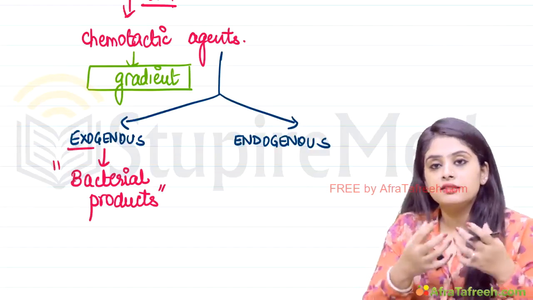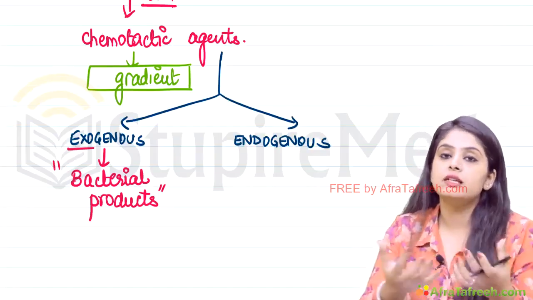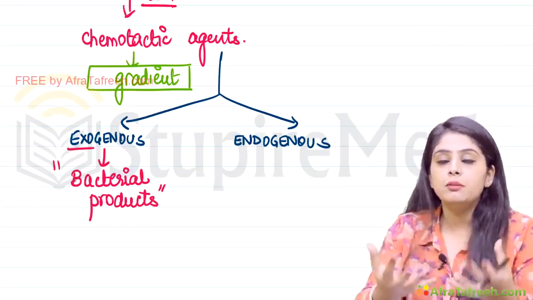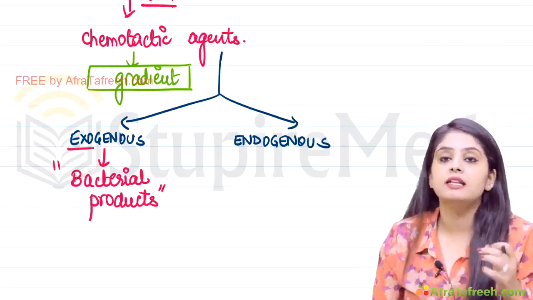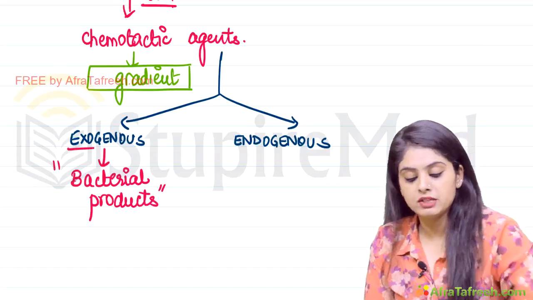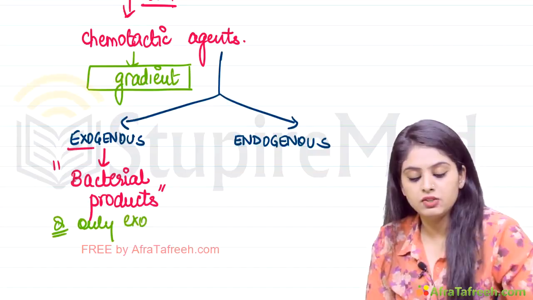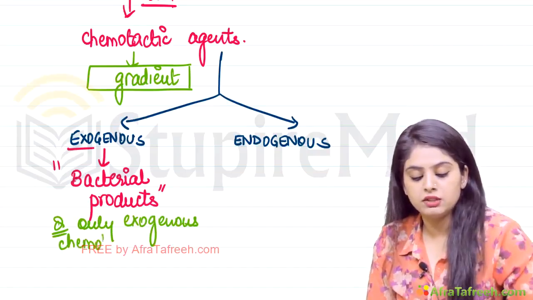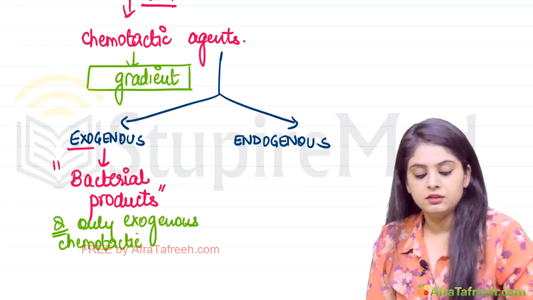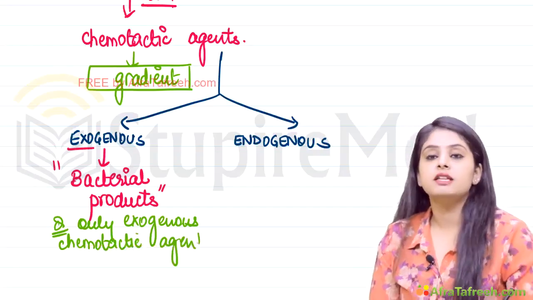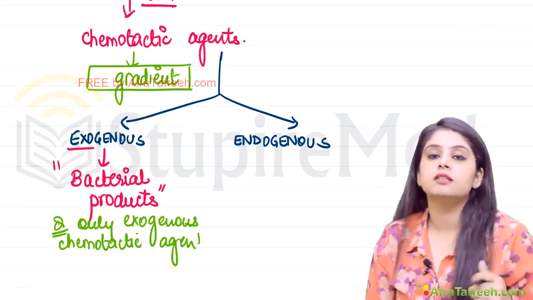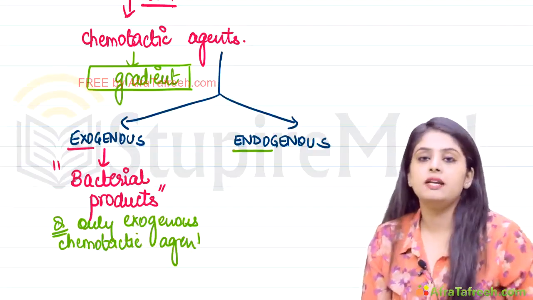Those products in themselves pull the WBC towards themselves. Remember, the question that comes is, which is the only exogenous chemotactic agent? You need to know the only exogenous chemotactic agent is the bacterial product. Everything else will be from within the body, that is, endogenous.